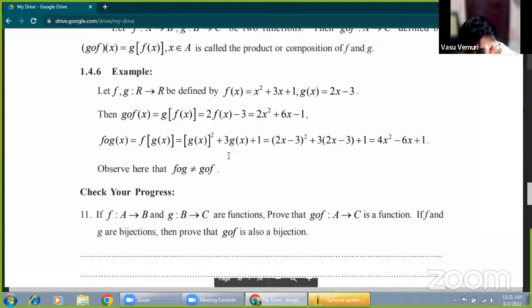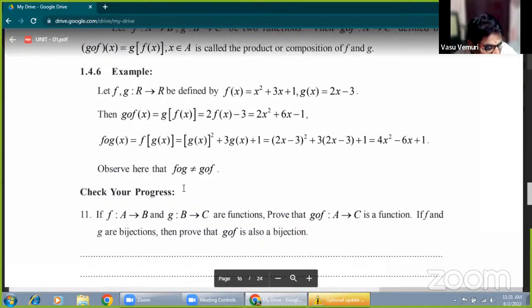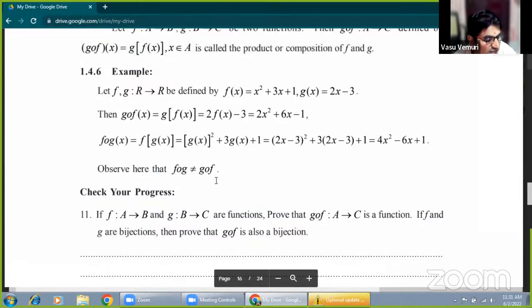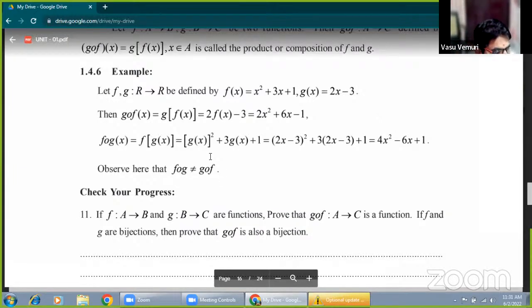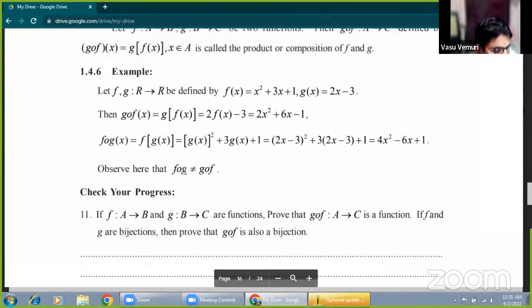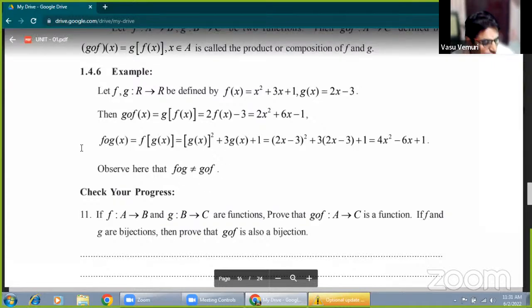These are 5 properties. The first 4 are closure property, associative, identity and inverse. Especially here, f and g being any two functions, f circle g is not equal to g circle f. That's why this is a good example of the non-commutative property. Just refer to it for the further concept.